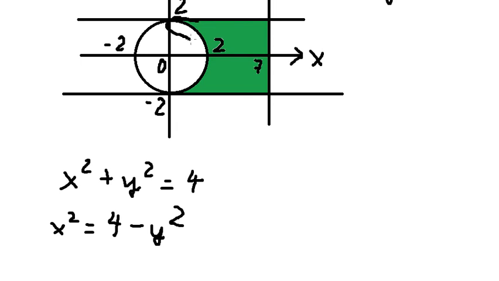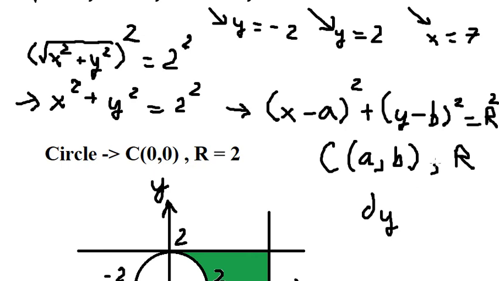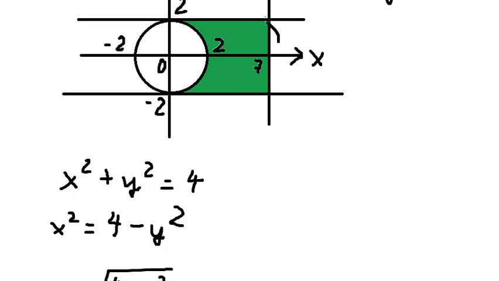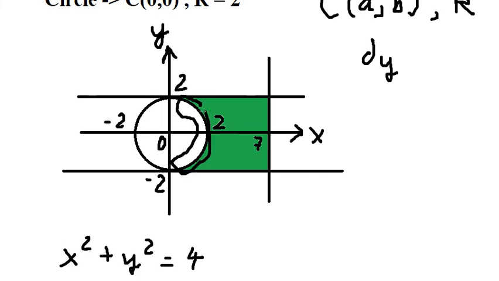We know that this curve in here is positive, because the value of x from 0 to 2 is positive. So when we take the square root of both sides, we need to choose the positive square root. Now we have x equals 7 in here, and x equals the square root of 4 minus y squared for here.